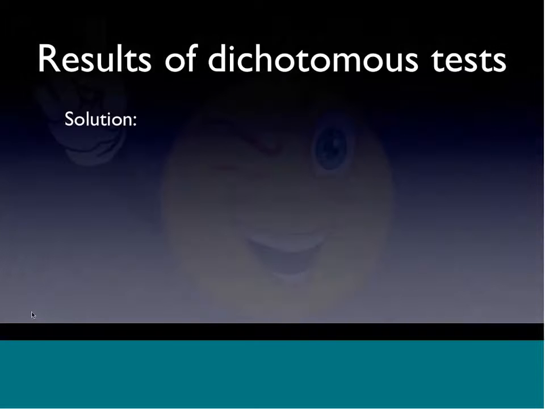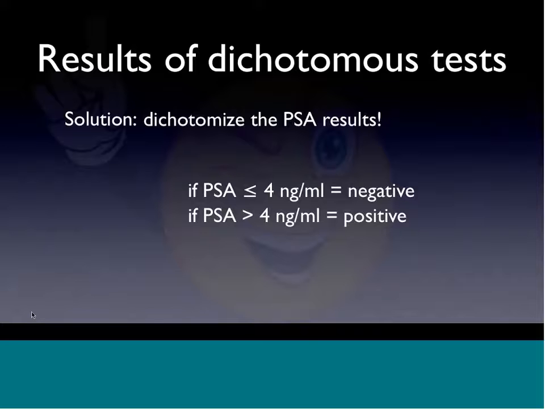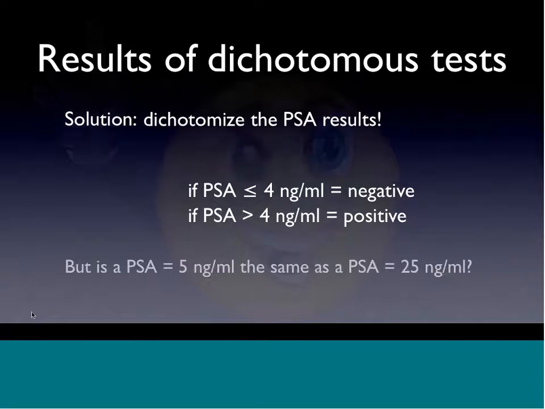So what can we do? The solution will be to dichotomize the PSA results. We can say, for instance, if a PSA is less than or equal to 4, we're going to call it negative. And if the PSA is greater than 4 nanograms per ml, we're going to call it positive. After this brilliant solution, someone will ask you, well, is a PSA of 5 the same as a PSA of 25?